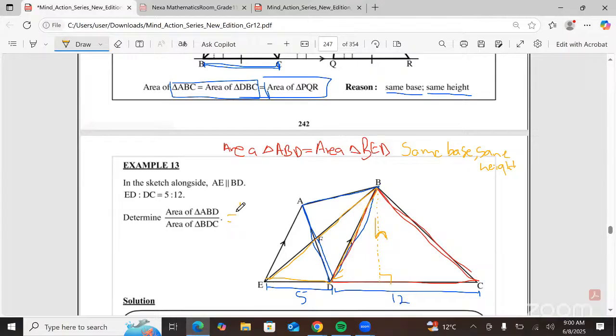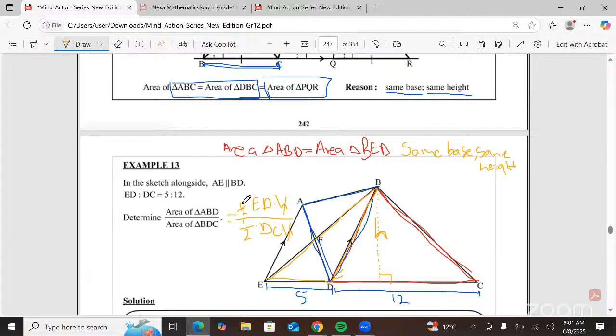The area for BED is half times the base for BED, which is ED, times the height, all over the area of BDC. The base for that is DC, times the height.